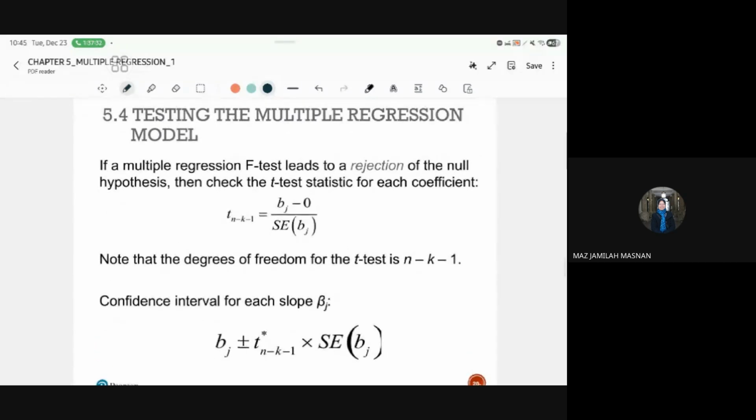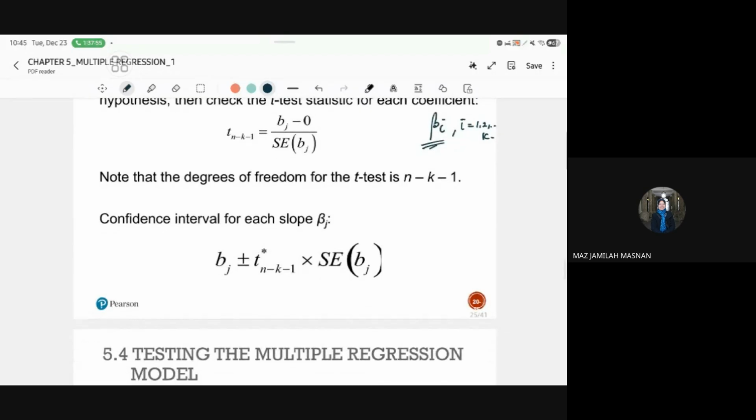When we test, we need to check the t-test for each coefficient. If you have beta I, where I goes until K, you need to check one by one. That's how it can be done for multiple regression.